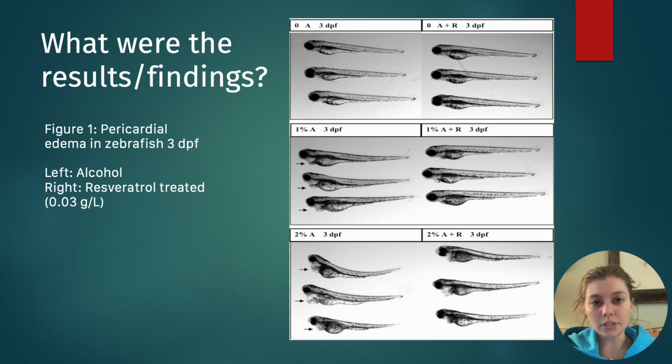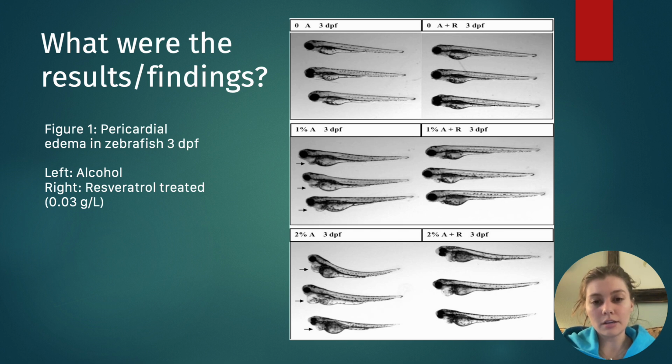The pericardial edema was found to be more severe in the 2% alcohol-treated groups compared to the 1%, and then of course there was no pericardial edema in the control groups. But nonetheless, both alcohol-treated groups did show signs of pericardial edema. And that's on the left-hand side.